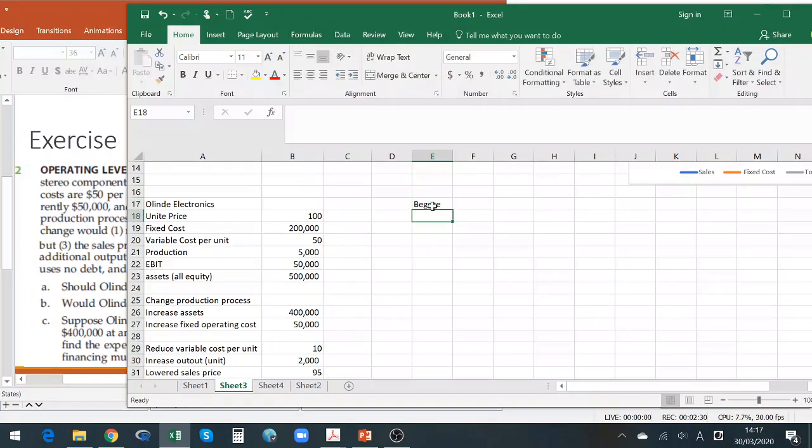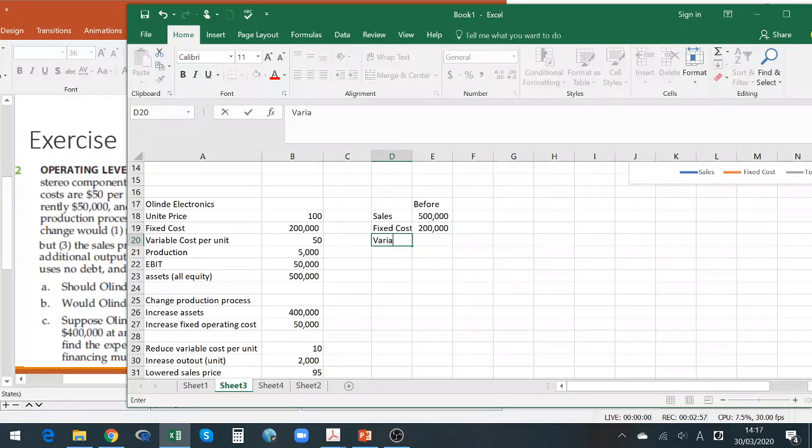So before this investment, how much sales do you have? Sales price times how many production. So this is the price. You have fixed cost, which is this, right?